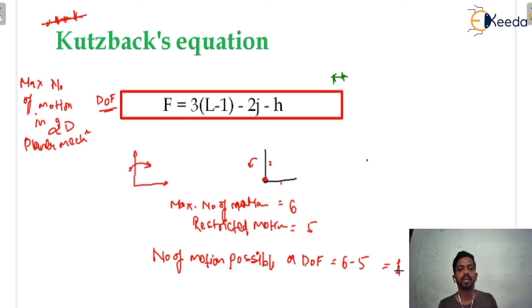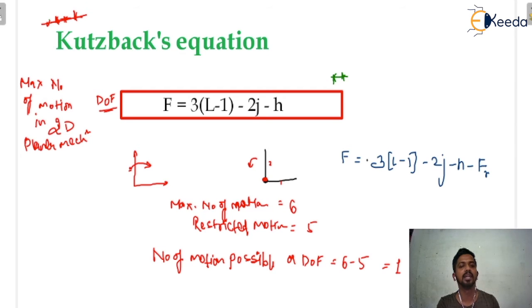So we are talking about the Kutzbach equations, which are based on two-dimensional planar mechanisms. If we modify it, the new equation becomes 3 into (L minus 1), that is the modified form of the Kutzbach equation, minus 2J minus H minus Fr.